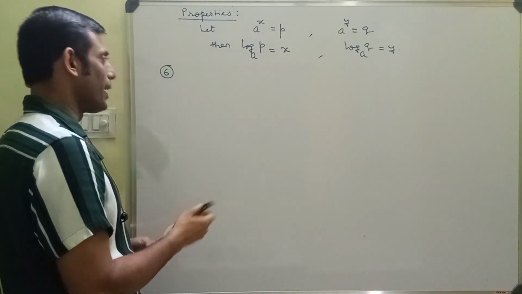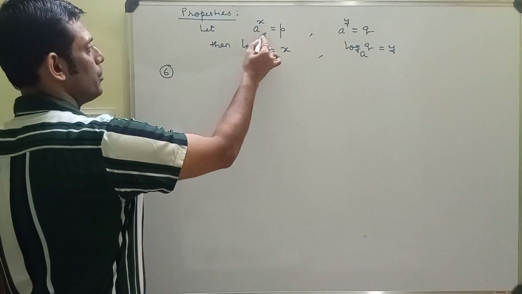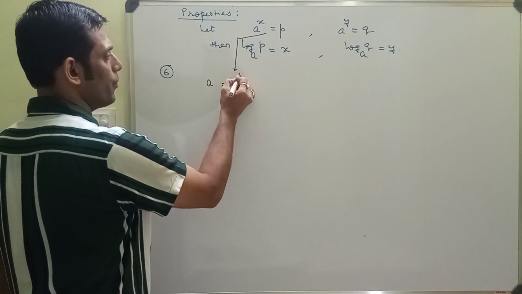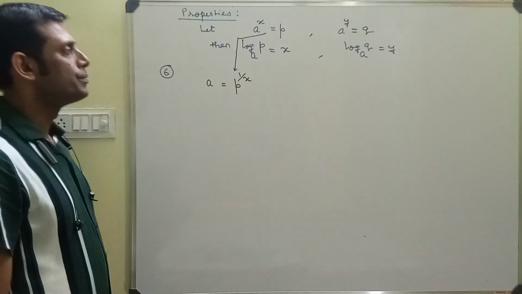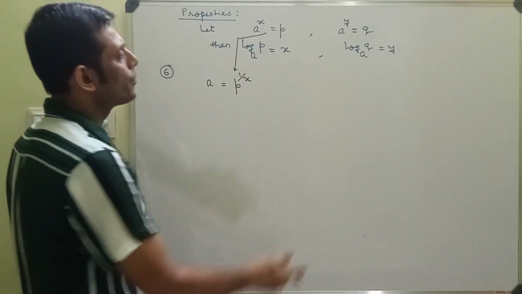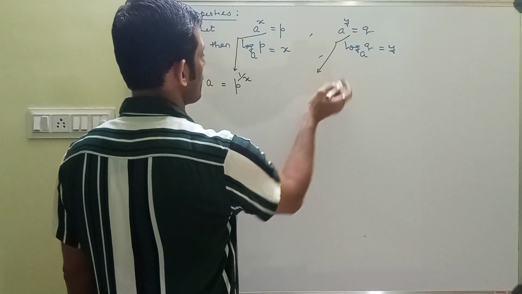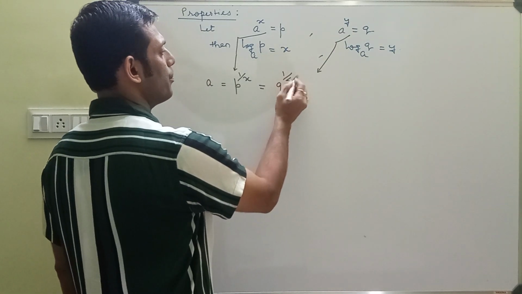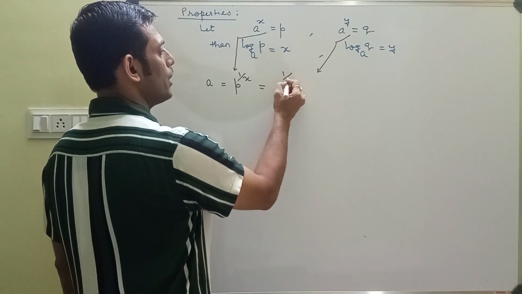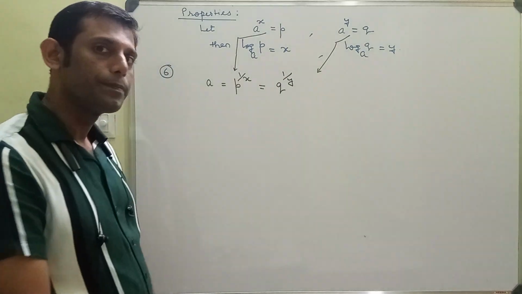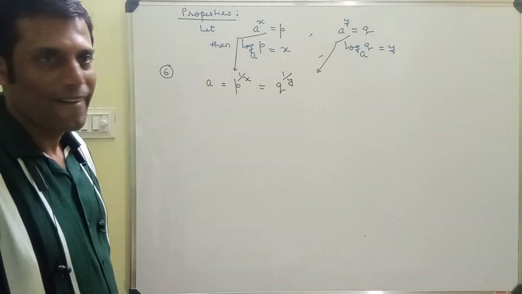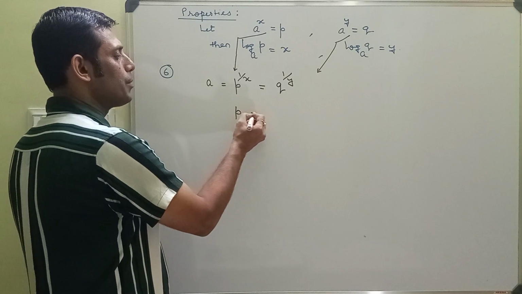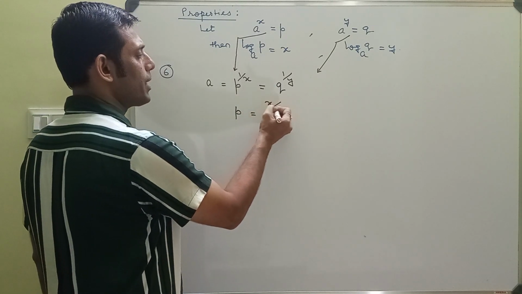If you want to rewrite that, then from here you can write a is equal to p power 1 by x. And from here you can write that same a is equal to q power 1 by y. Then p becomes equal to q power x by y.